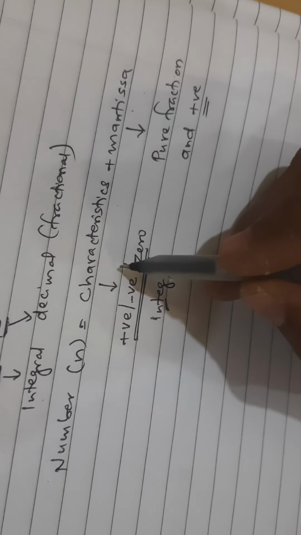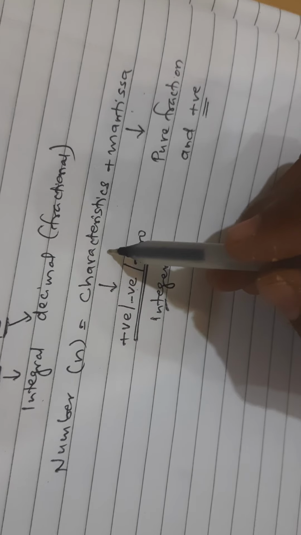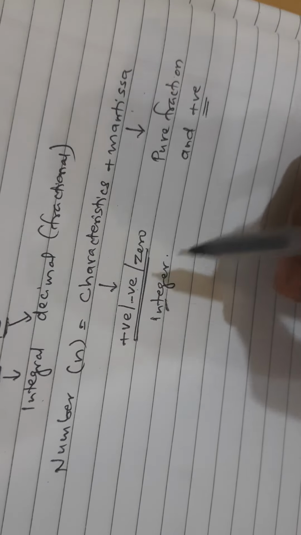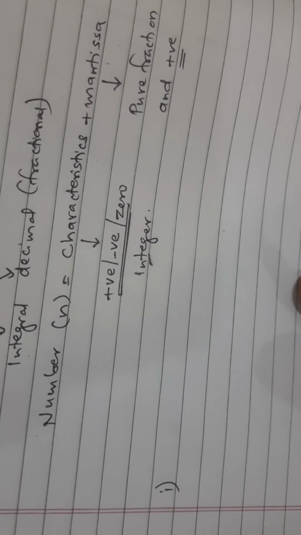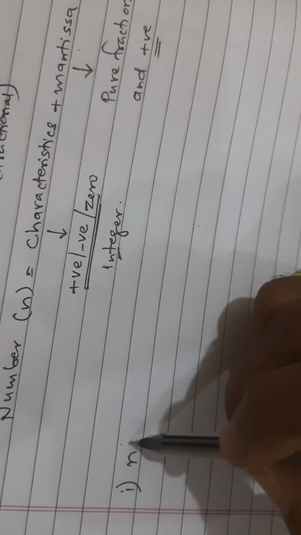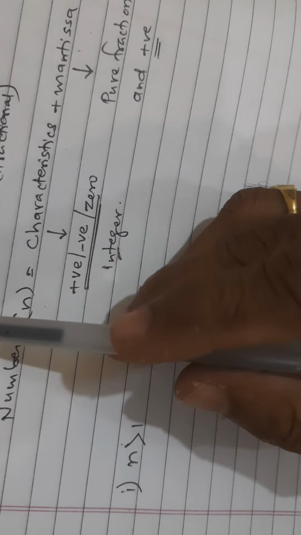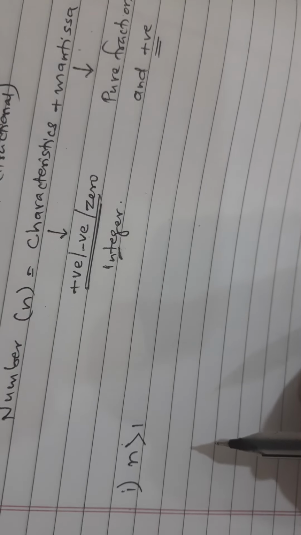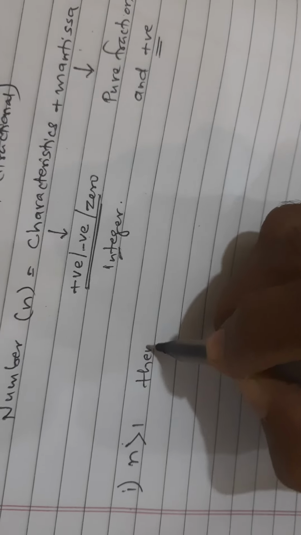Now how to find the characteristic of a number? In the first case, suppose the number n, that is the integral part, is greater than 1, then the characteristic is positive.